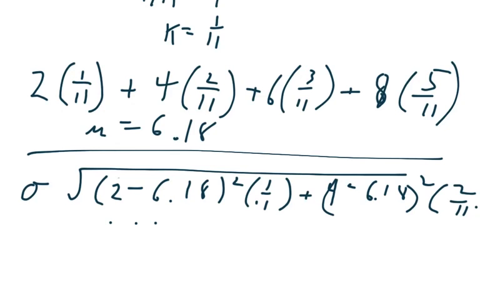When I put the information into the calculator, L1 had 2, 4, 6, and 8, and L2 had 1 over 11, 2 over 11, 3 over 11, 5 over 11.